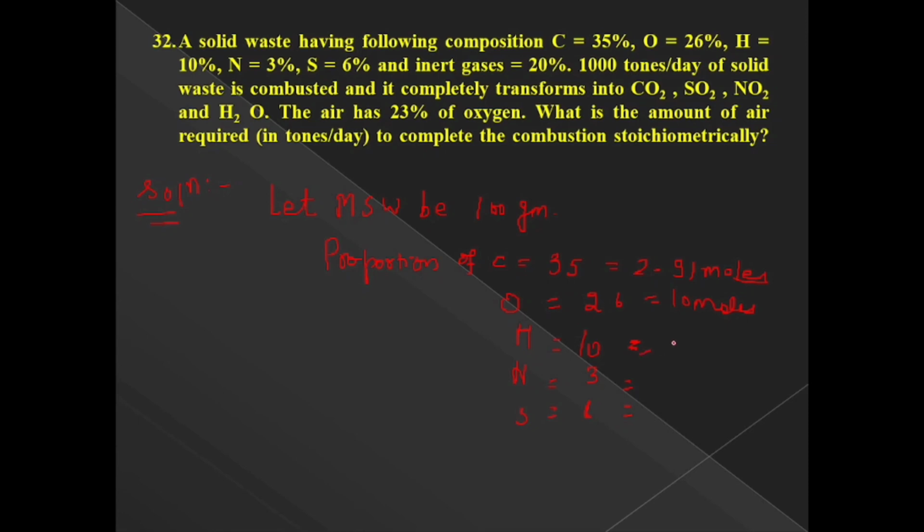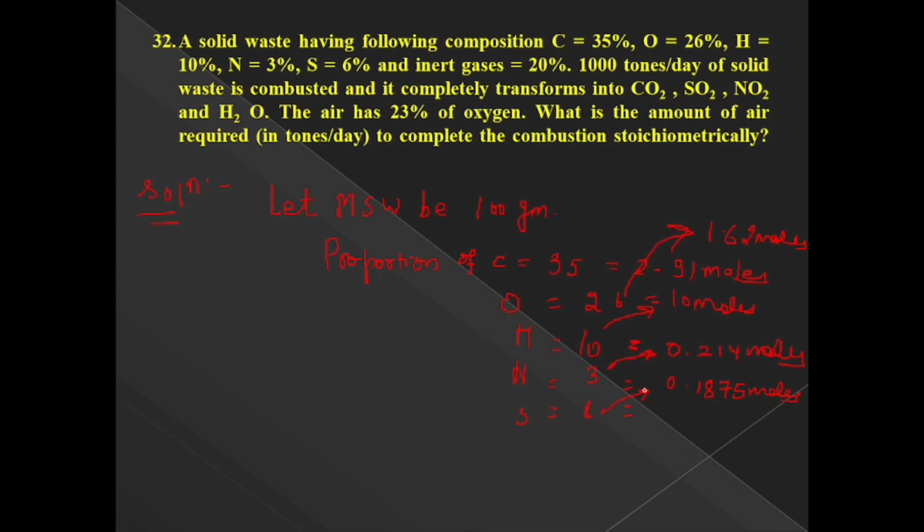That is 10 moles, 0.214 moles, this is 0.1875 moles, and this is hydrogen, nitrogen. Hydrogen is 10 moles, oxygen is 1.62 moles. Oxygen we have to calculate according to 1.62 moles. This is the number of moles of hydrogen, nitrogen, sulfur.